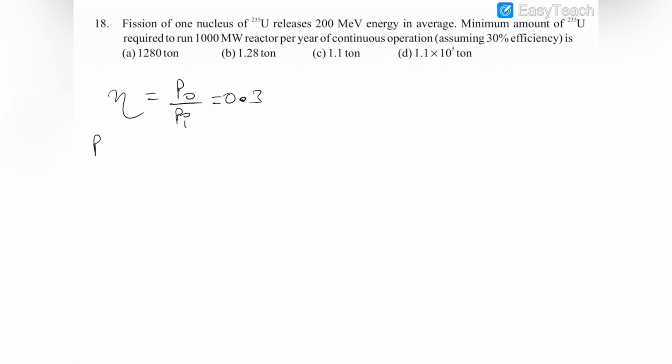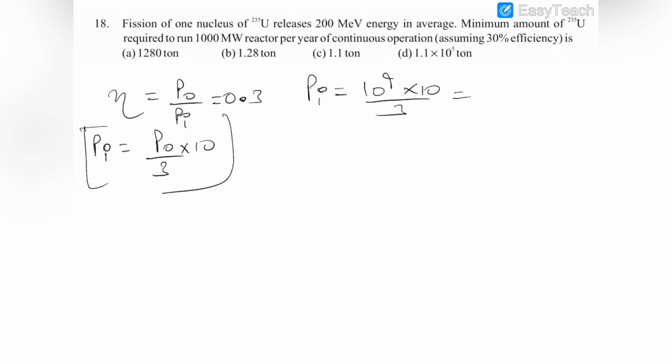So you can see that the input power required to run this reactor is output power upon 0.3. Okay. So for now the output power is already given as 10 to the power 9. You can see this is mega, and this is 10 by 3, so it is 1 by 3 into 10 raised to power 10. This should be the input power supplied by the fission of uranium nucleus.